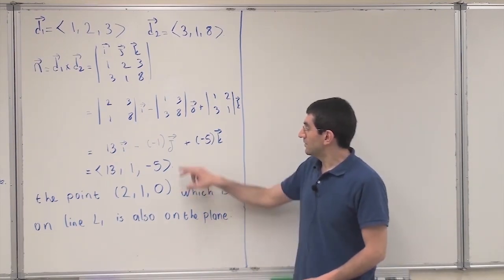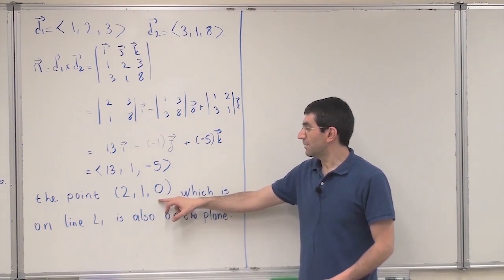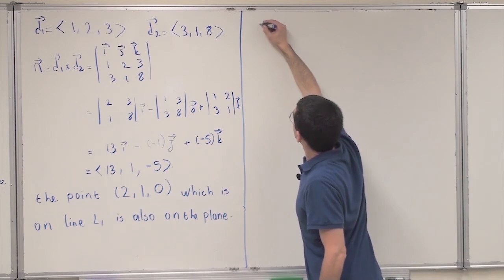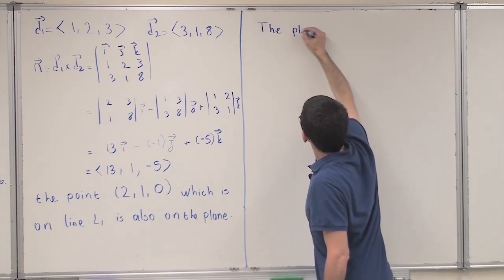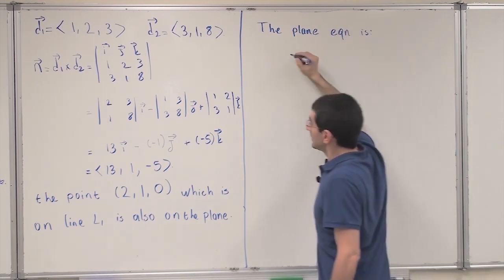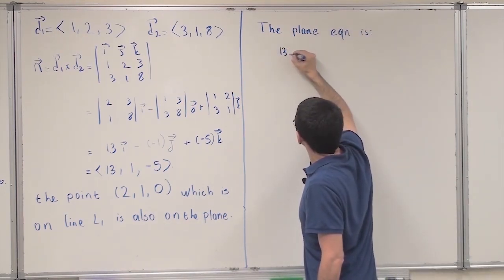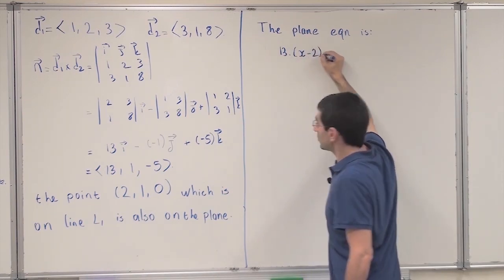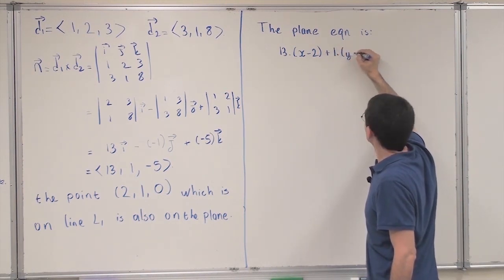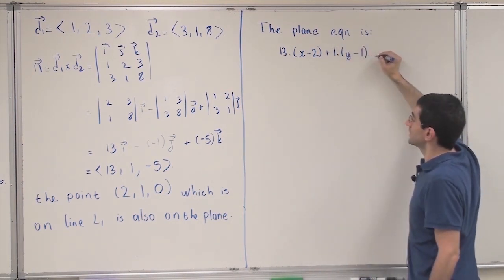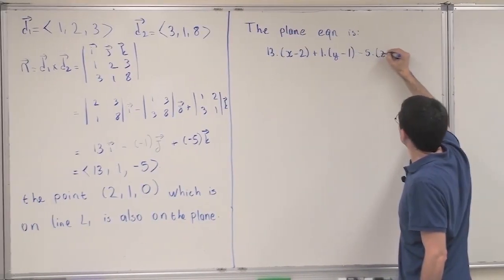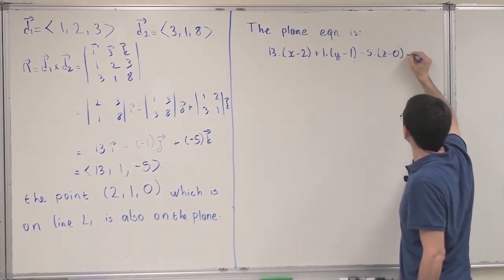So we have our normal vector, we have a point on the plane, we can find the plane equation easily. 13 times x minus the x coordinate, plus 1 times y minus the y coordinate, and minus 5 times z minus the z coordinate, which is 0, equals 0.